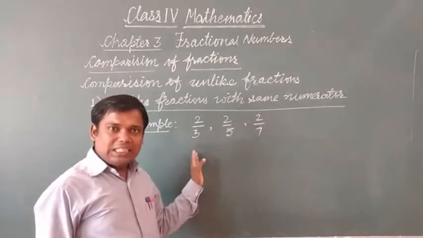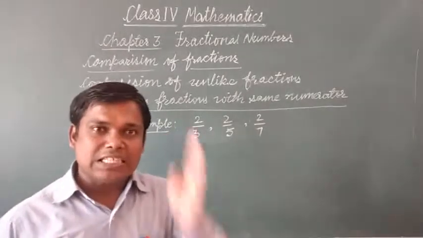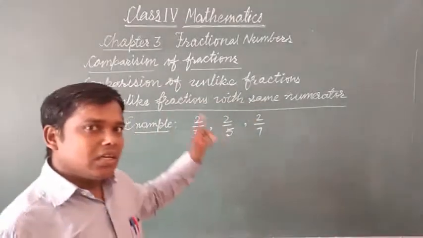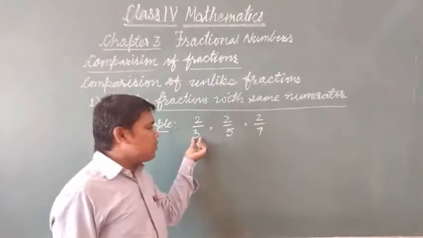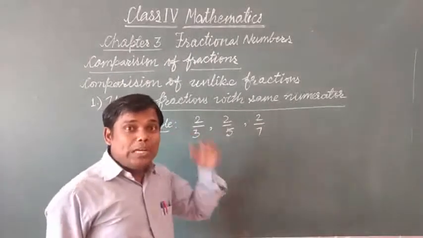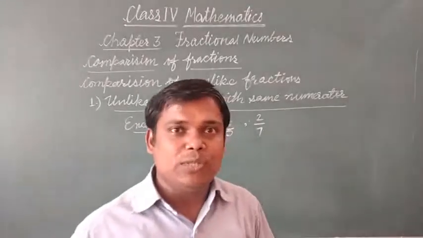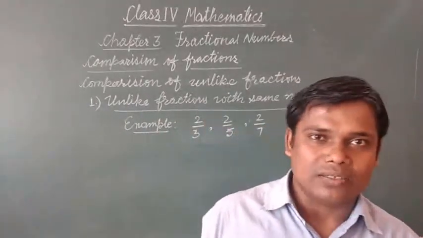Remember, in this case, if we are having same numerator and different denominators, the fraction having a smaller denominator will be greater and the fraction having greater denominator will be smaller.